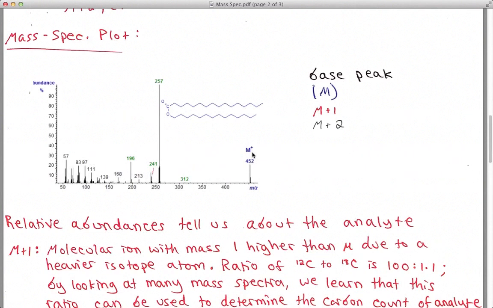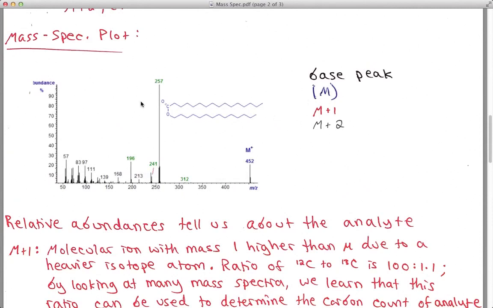We would probably be given M on the plot, but if we were given the molecule and an empty graph and asked where M is on this graph, we could find that out by calculating the m/z ratio of M. We could find that out by looking at the molecule and figuring out what it would weigh with its lowest mass isotopes. And that was the first example that we did earlier with the butane.